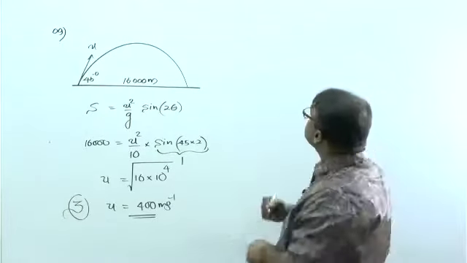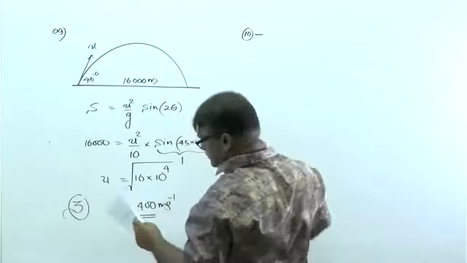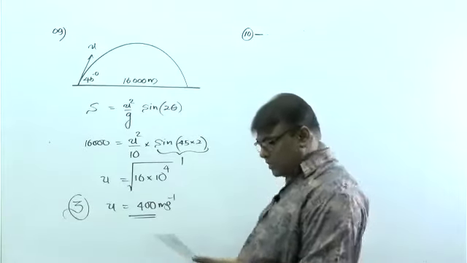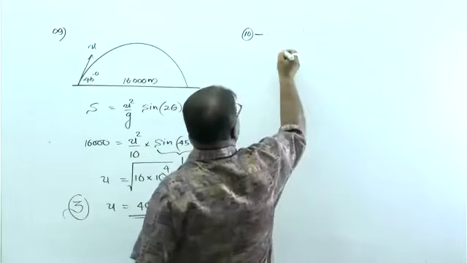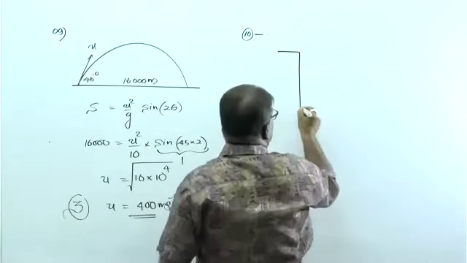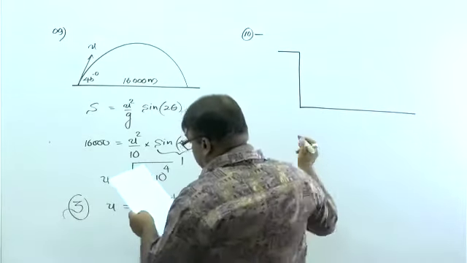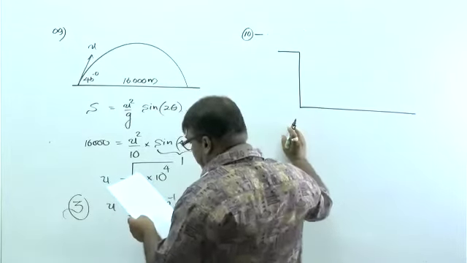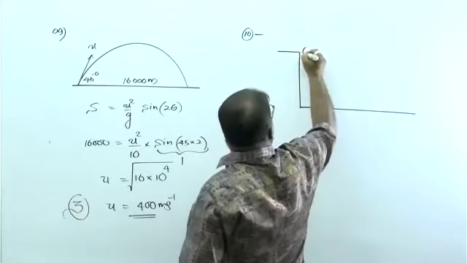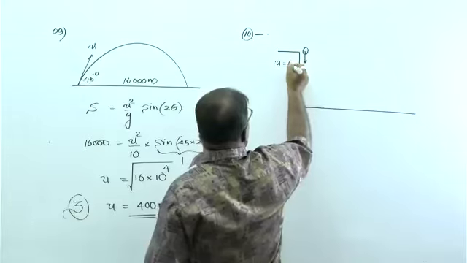Question number 10. The man is standing on the top of the tower like this. Two spears, A and B. He drops spear A downward, with downward velocity 0.